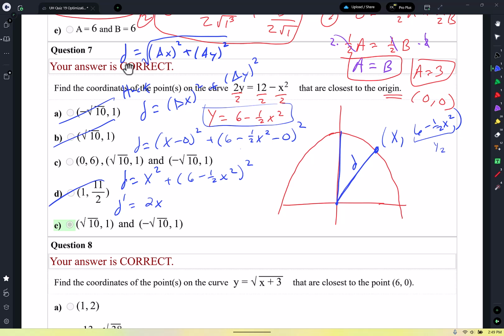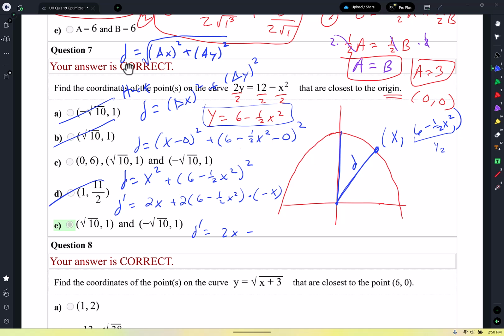I'm taking the derivative, guys. Plus 2, 6 minus 1 half x squared closed, times the derivative of that inside, negative x. Should be easy enough. Let's see. D prime equals 2x. 2 times negative x, 2x.